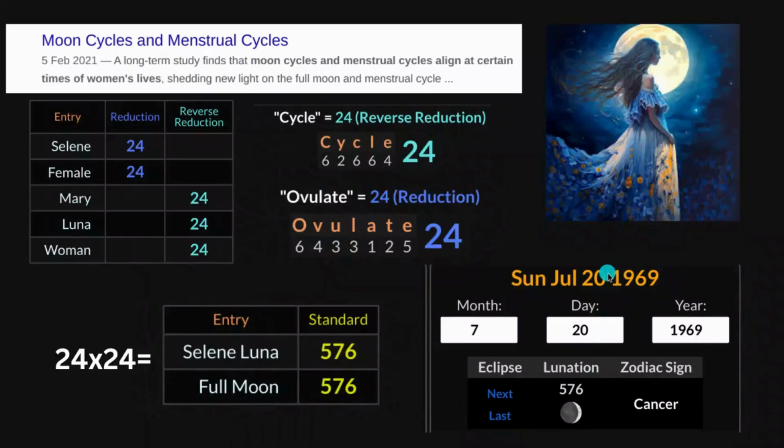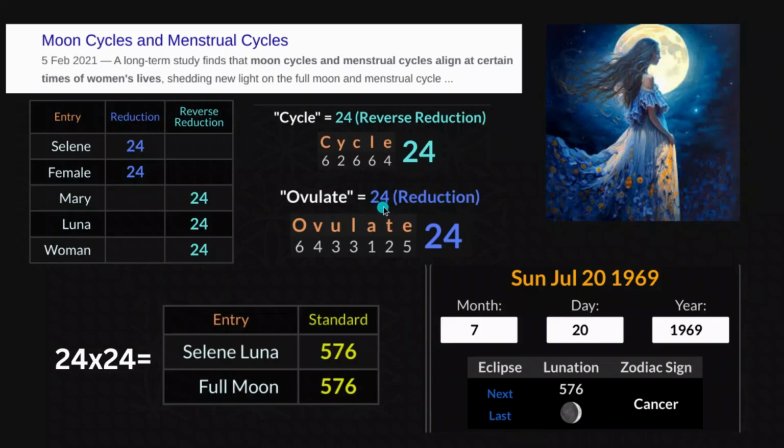Because women are connected to the moon, right? Their cycles are connected to the moon. And in the same cipher that woman equals 24, the word cycle equals 24. And in the same cipher that female equals 24, the word ovulate equals 24. Okay?